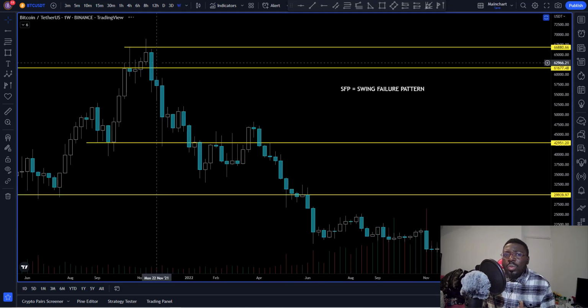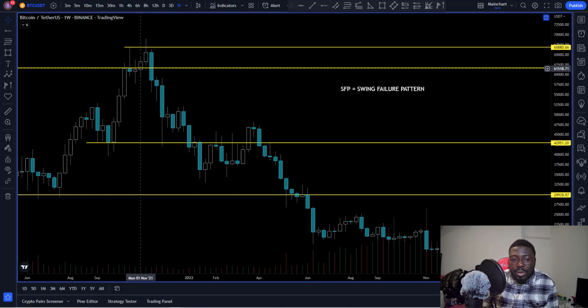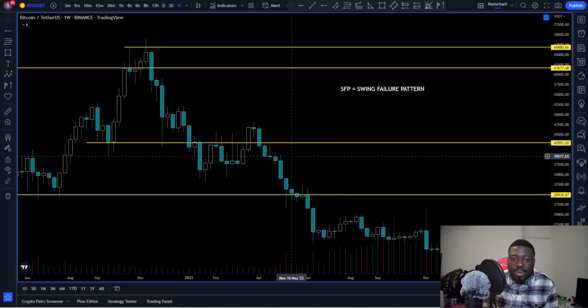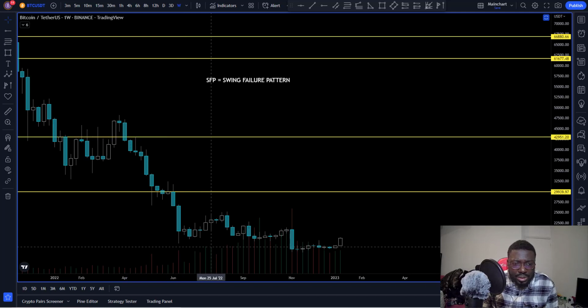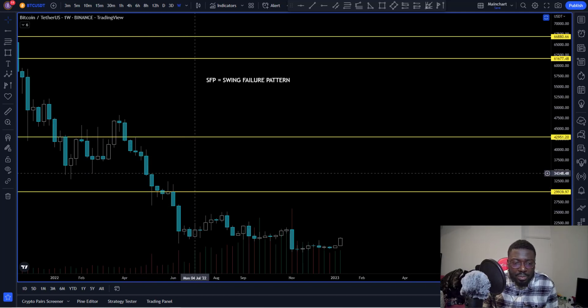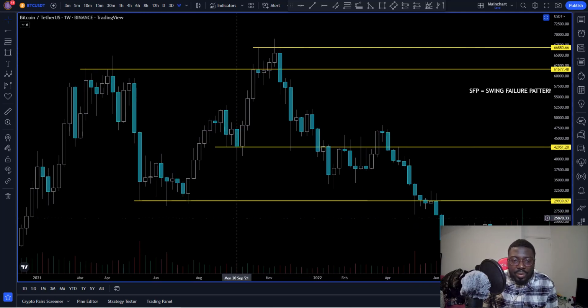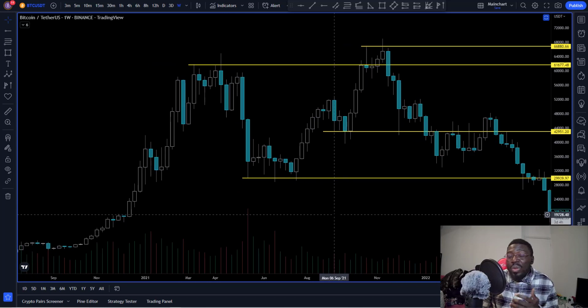Also, you need to understand that swing failure pattern happens on the extreme peak of a major rally. That's where you need to pay attention. So you don't just come in at the middle of a rally and start looking for swing failure pattern. No, you look at the peak of a rally, where the rally starts and where it ends.